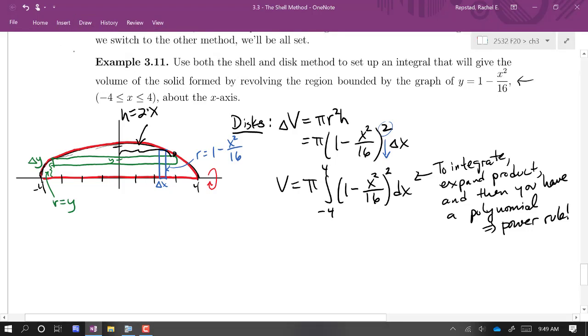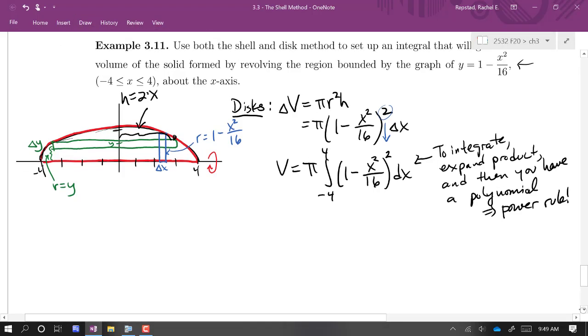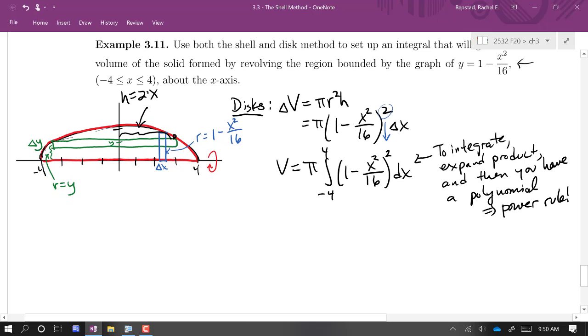So what I need to do to help me out with that, this is a delta y, a width, means I have to integrate with respect to y, and I need to write my integral in terms of y. So I got to take this function they gave me, and I got to get x in terms of y. So y equals 1 minus x squared over 16. I'm going to do some algebra.